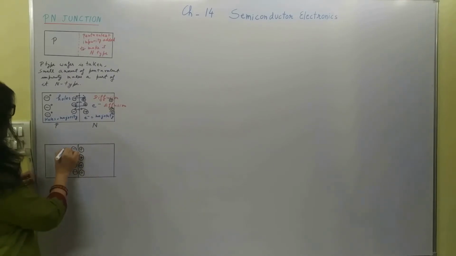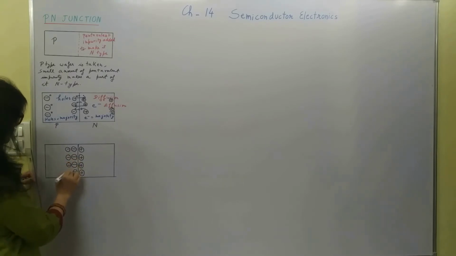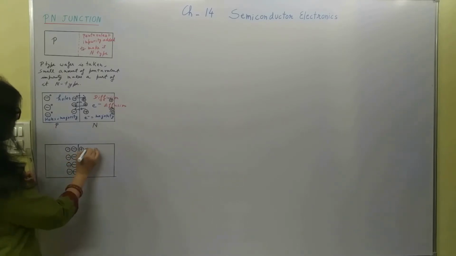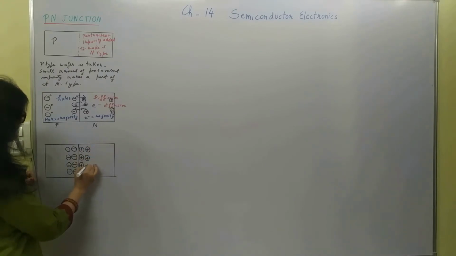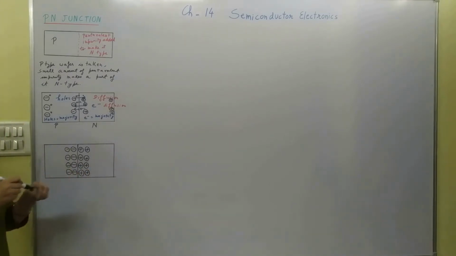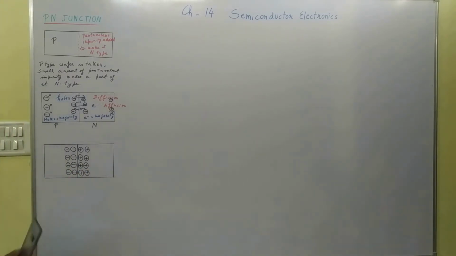These are accumulated near the junction, and the holes and the electrons recombine while crossing the junction.